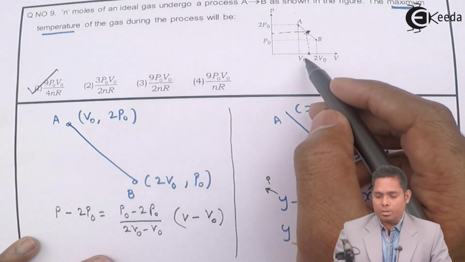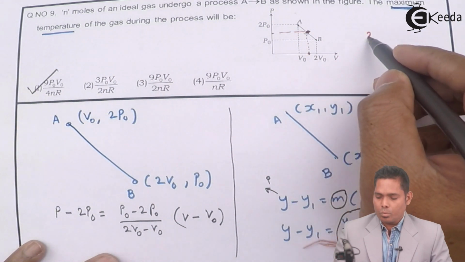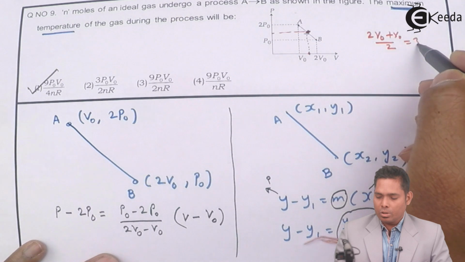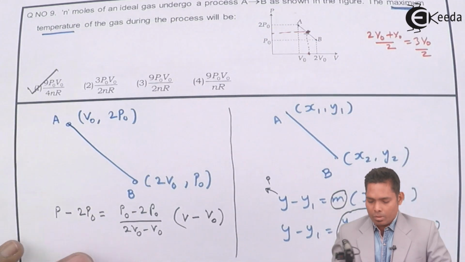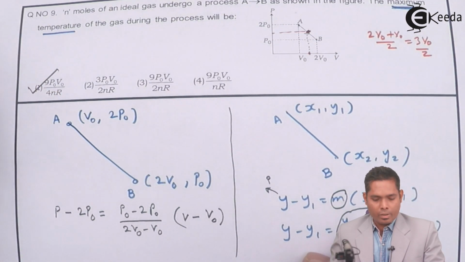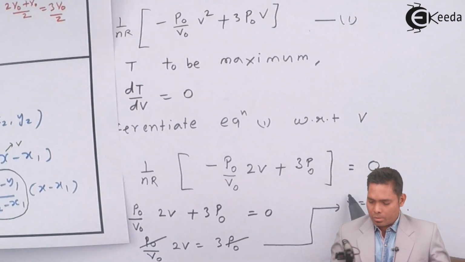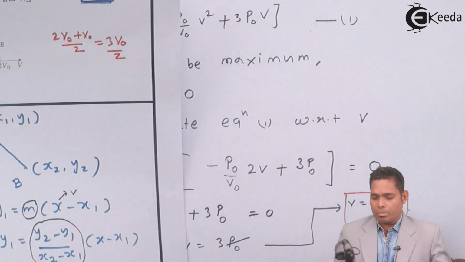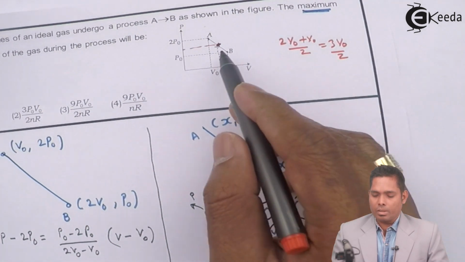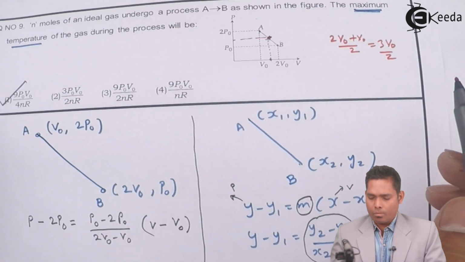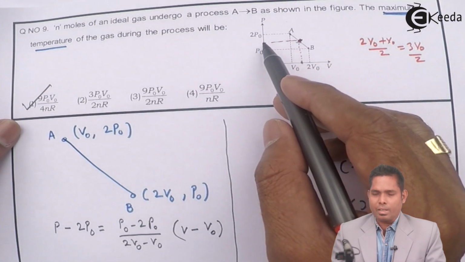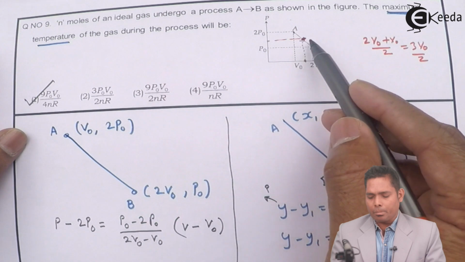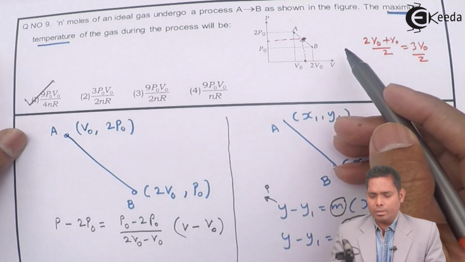So 2 V naught plus V naught, divided by 2, is 3 V naught by 2. After so many calculations you got 3 V naught by 2, and here in one step you get 3 V naught by 2. If you have this idea that at this midpoint the temperature is maximum, then that is helpful.